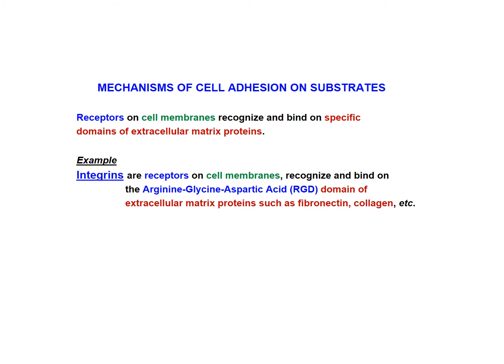If we use the single letter notation for these amino acids, RGD, which is the domain on the extracellular matrix proteins such as fibronectin, collagen, etc. The important thing to remember here is that integrins are the receptors on the cell membranes, and the RGD is the part, a domain, an area, an epitope on several extracellular matrix proteins with which the cell receptors recognize and then adhere, the RGD sequence of peptides.